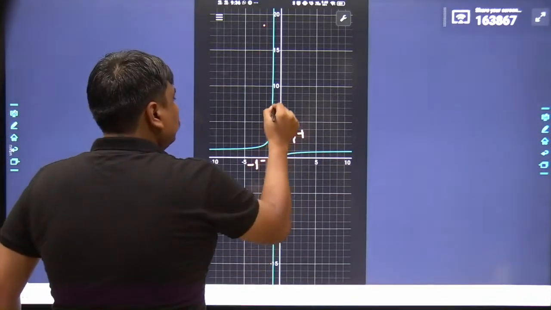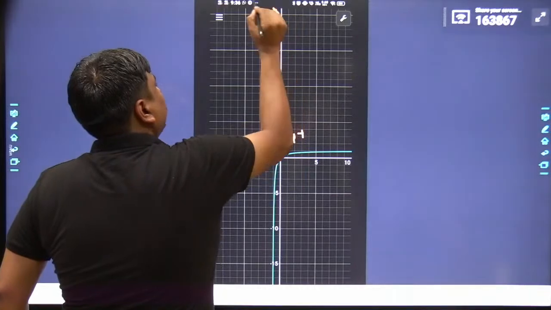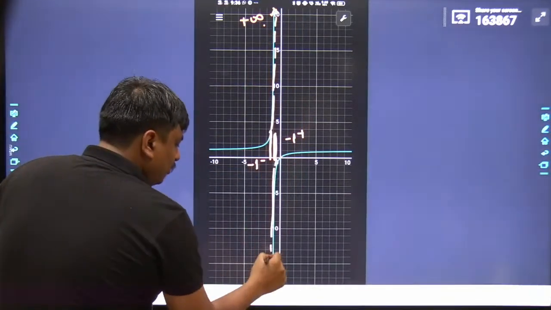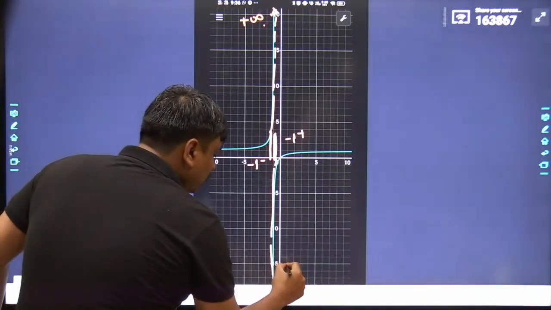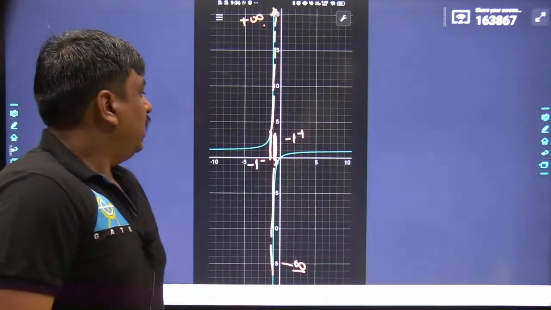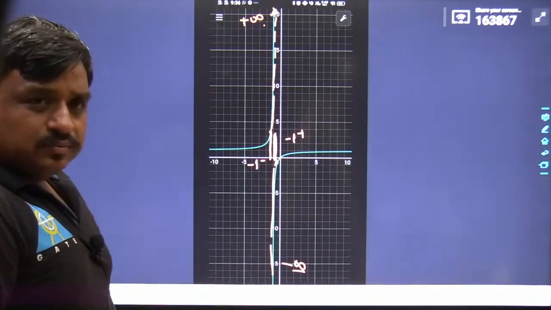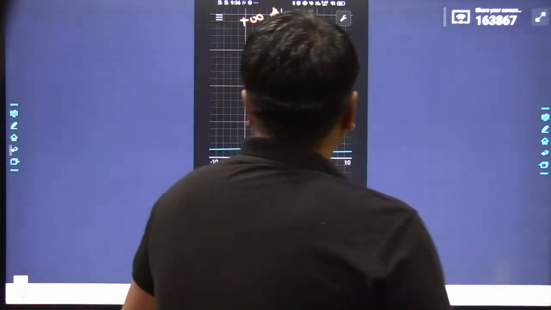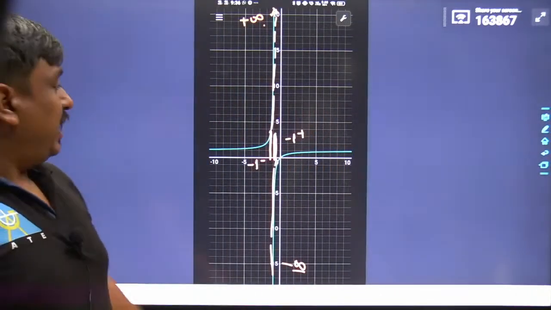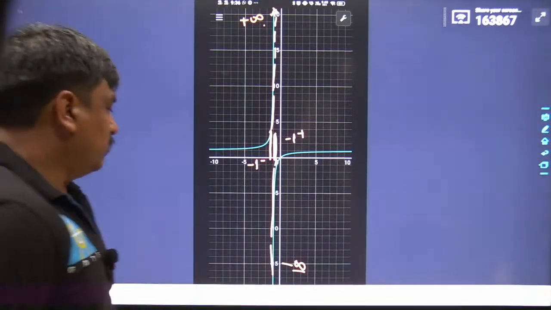You yourself can understand that at minus 1 minus it was trying to go towards plus infinity, and if you take the reference of minus 1 plus, it is going towards minus infinity. So may I know, at x equals minus 1, whether the function is continuous or has taken a sudden change? Obviously a sudden change is experienced at x equals minus 1.